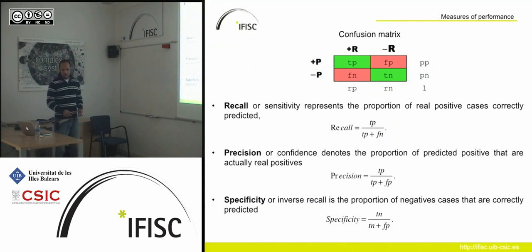What does it mean? If I have a pathological case and I find that it is pathological, the recall is going to be high. High here means 1. In the opposite case, if I have a pathological case and I predict that it's normal, then the recall is going to go down.